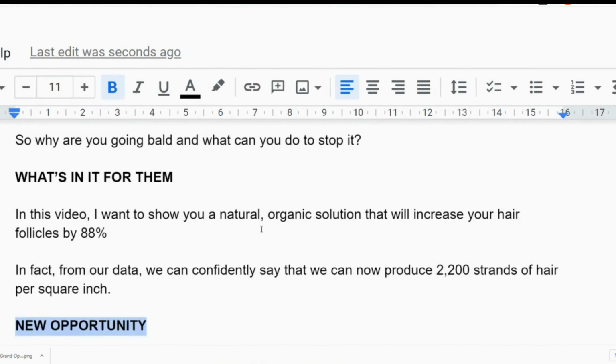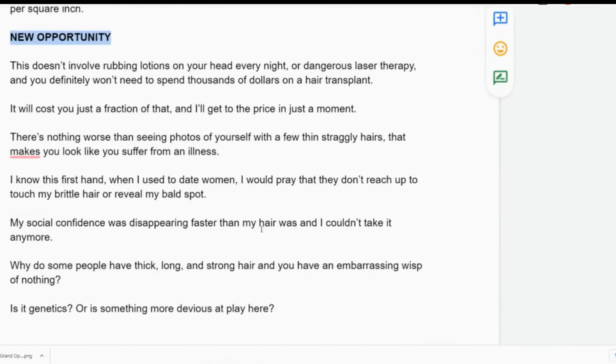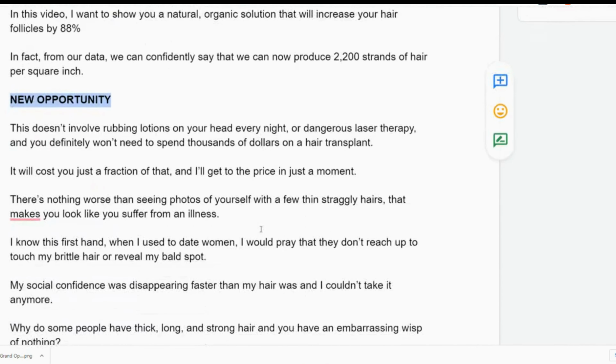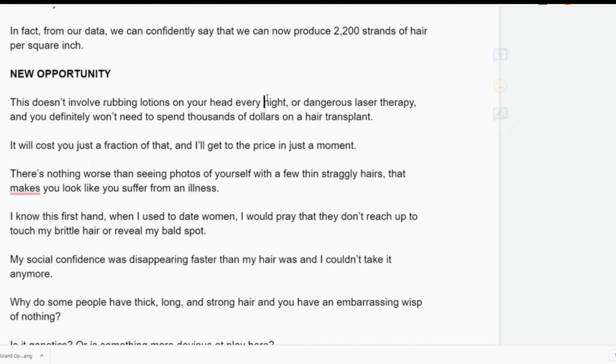I'll keep doing that. I need to zoom back in. Although I've said stick to the flow, it doesn't matter too much as long as you get these points in. So I would say this is a new opportunity.